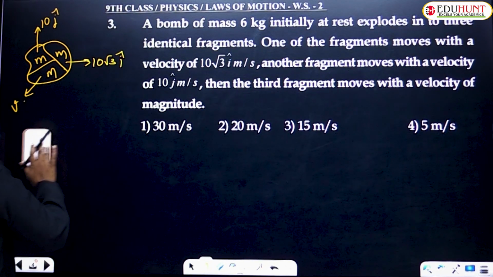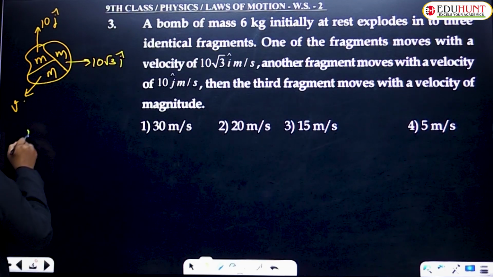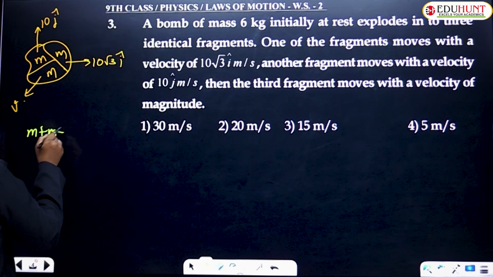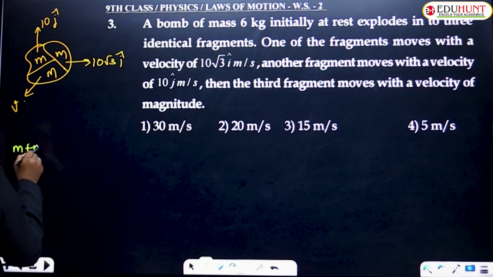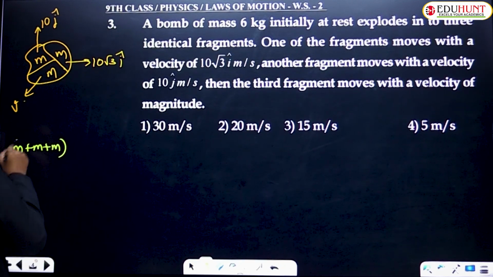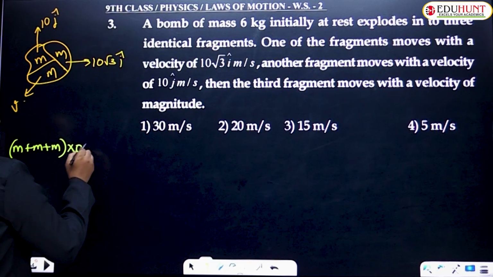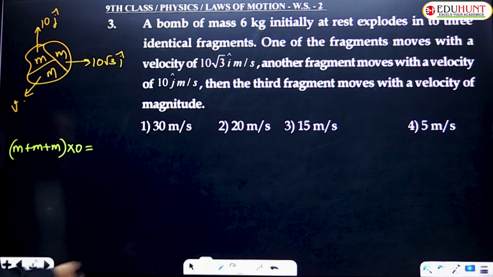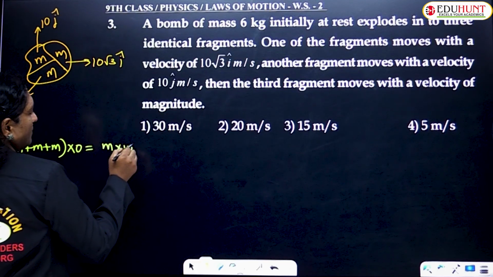It was given as 6 kg, so the total mass is, let me tell you like this, all together they were there. M plus m plus m, into initial velocity, since it was at rest, must be equal to the final momentum. Now what is happening? The first mass moves with the speed of 10 root 3.